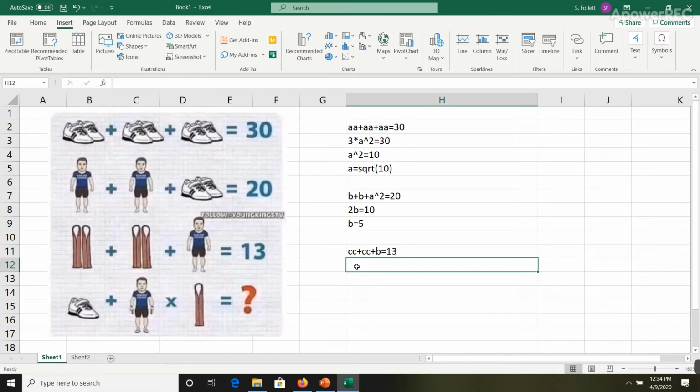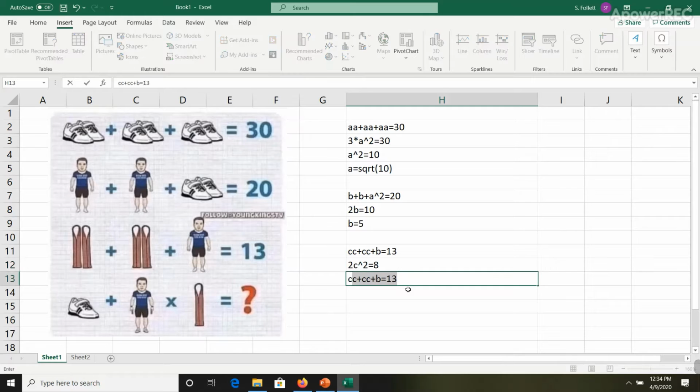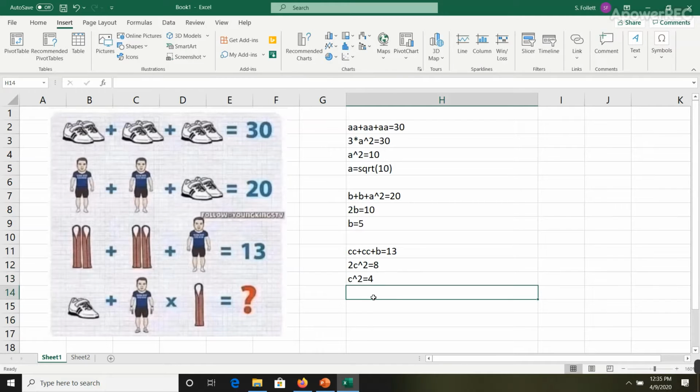I know CC is C squared, so I end up with 2C squared is equal to, I'm just going to subtract 5, 8. Divide both sides by 2, and I get C squared is equal to 4. Therefore, C is equal to 2.